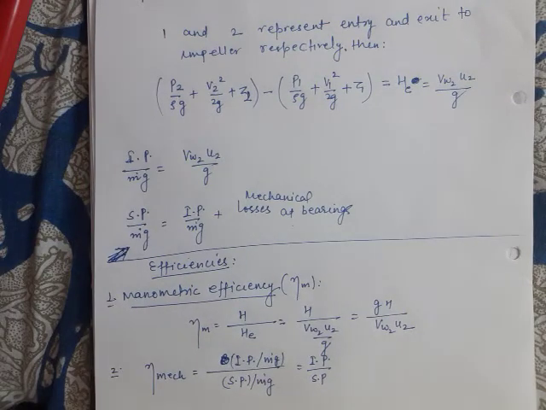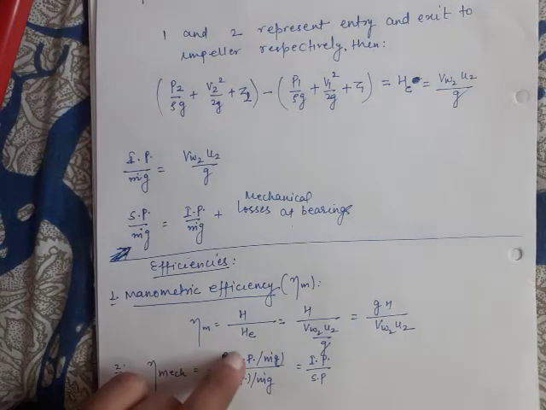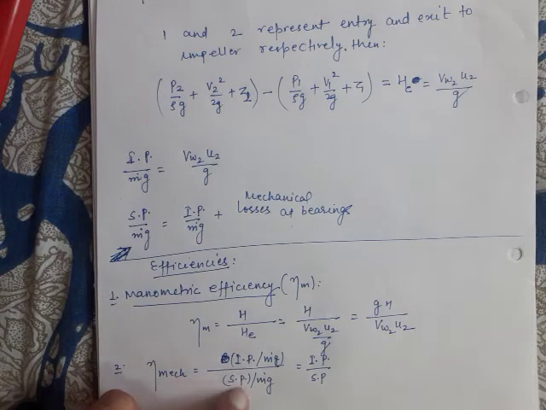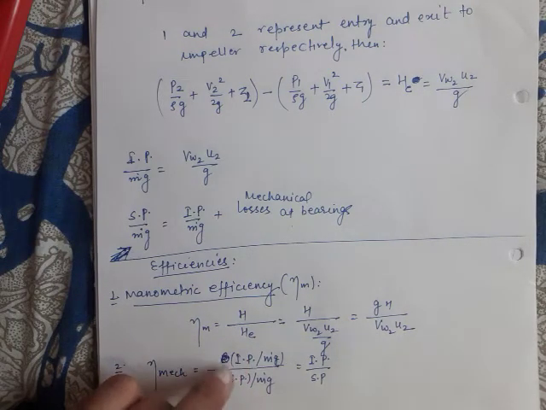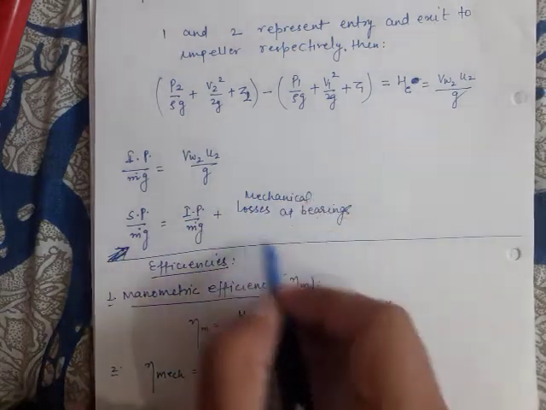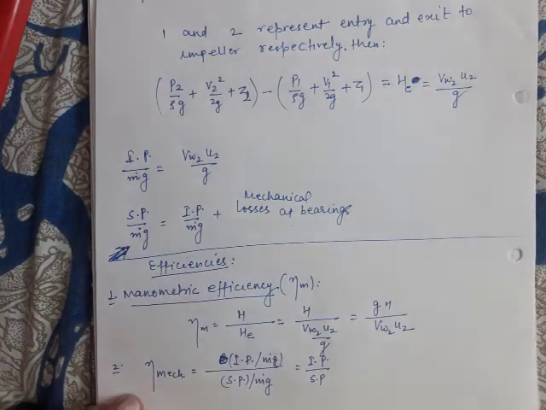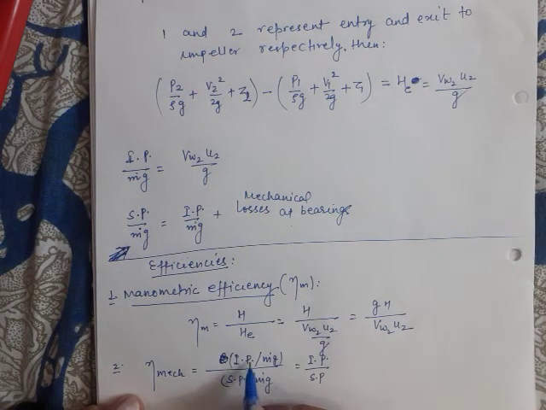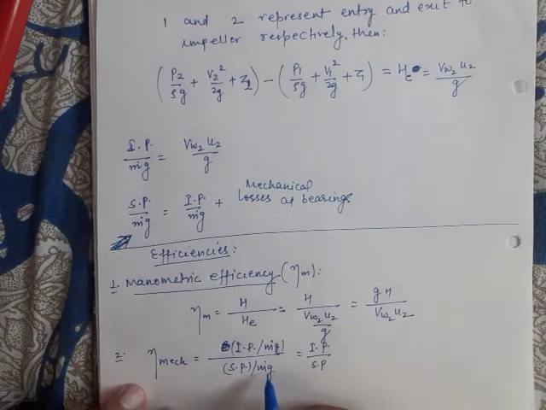This is the mechanical efficiency, because shaft power is more than the impeller power: power is first available at the shaft, then it comes to the impeller. Some of the power is lost in overcoming the mechanical friction losses at bearings. Therefore, the ratio of impeller power to the shaft power per unit weight of water striking per second is known as the mechanical efficiency.